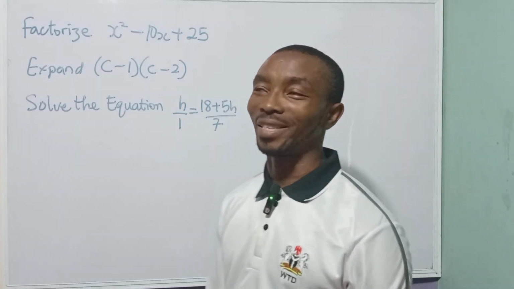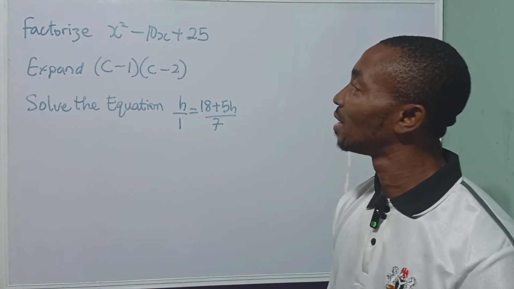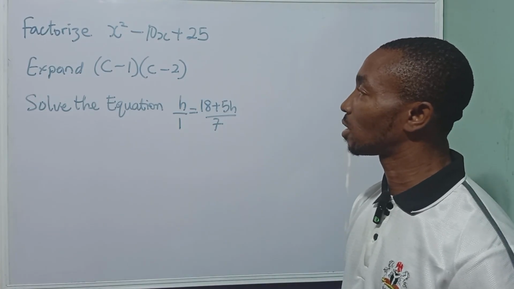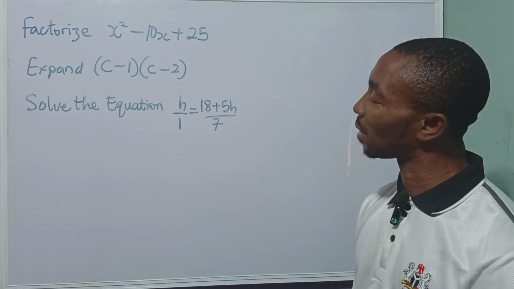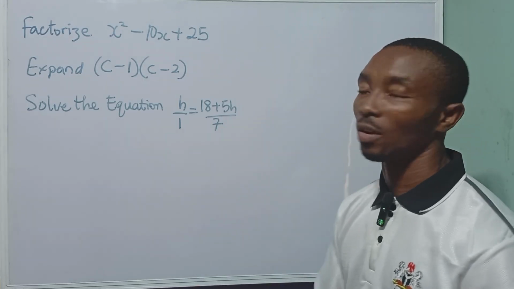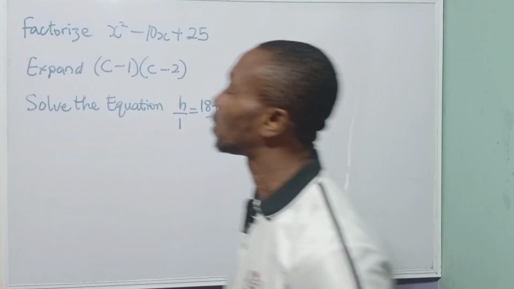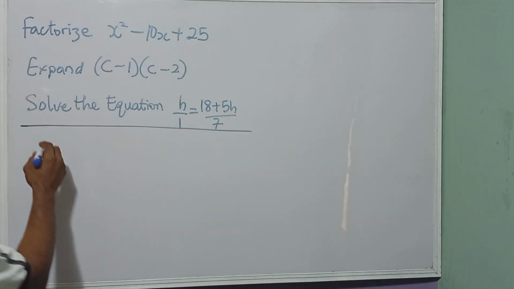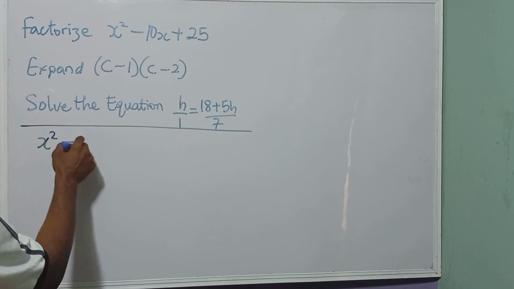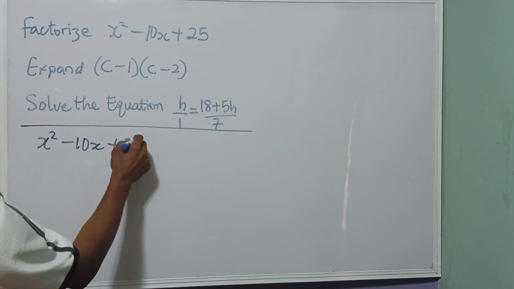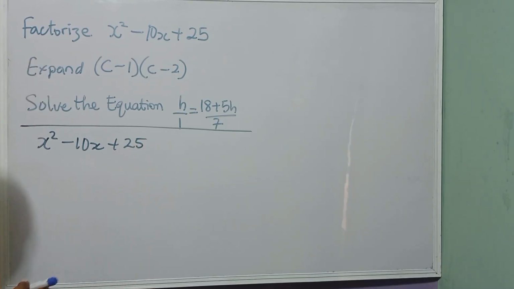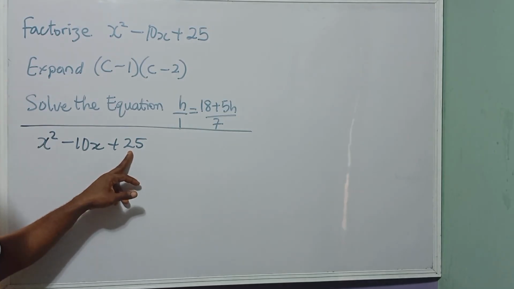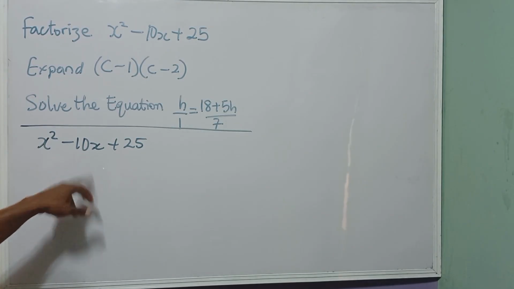So our next set of questions, we have factorize x squared minus 10x plus 25. Expand c minus 1, c minus 2, and solve the equation. Now, starting with our factorization, we have x squared minus 10x plus 25. For us to factorize this, we'll look for the factors of 25 that, when we add them up, will give us 10.